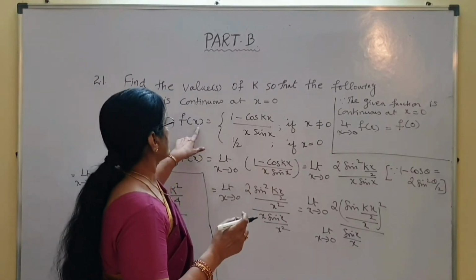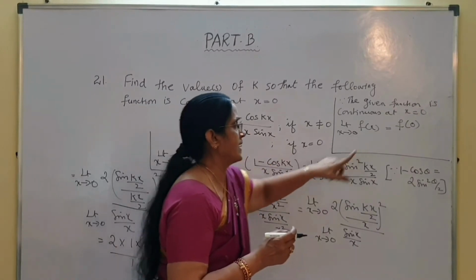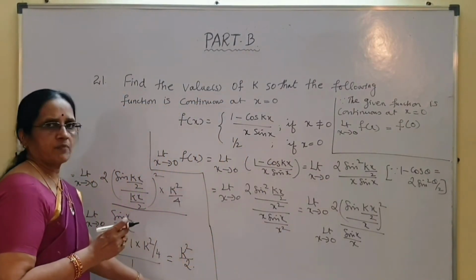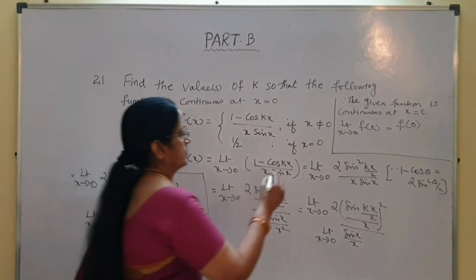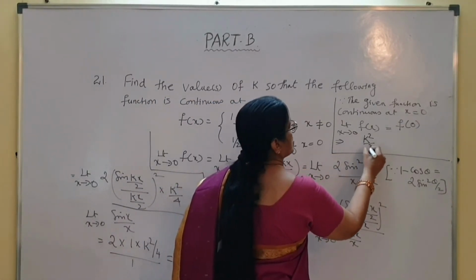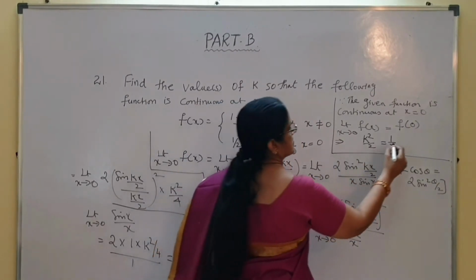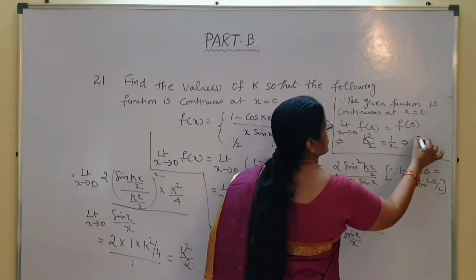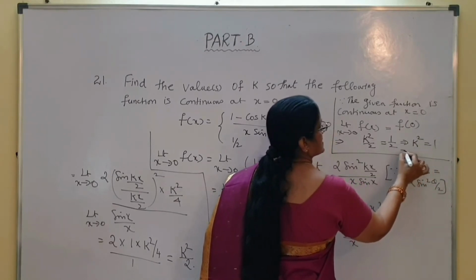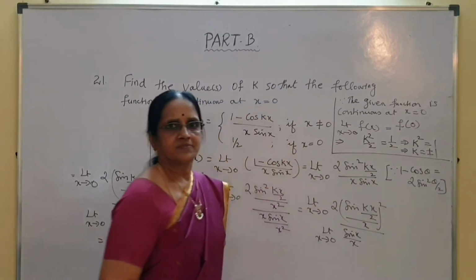So, f of 0 is 1 by 2 and limit x tends to 0 of f of x, we got it as k square by 2. Therefore, this implies k square by 2 is equal to 1 by 2, 2 gets cancelled, therefore k square equal to 1, this implies k equal to plus or minus 1.